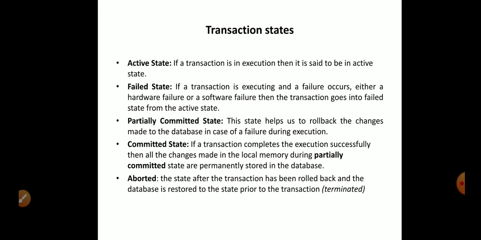Next one is partially committed. If the transaction is towards its end stage, you call that the partially committed state. Next one is the committed state. If the transaction is completed successfully, and all the changes made by the transaction, which are in local memory, are permanently updated to the database, you call that the committed state.